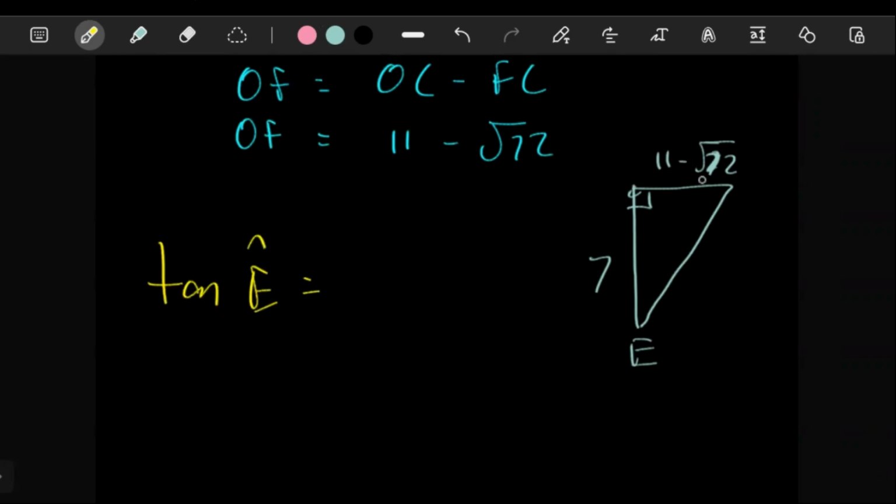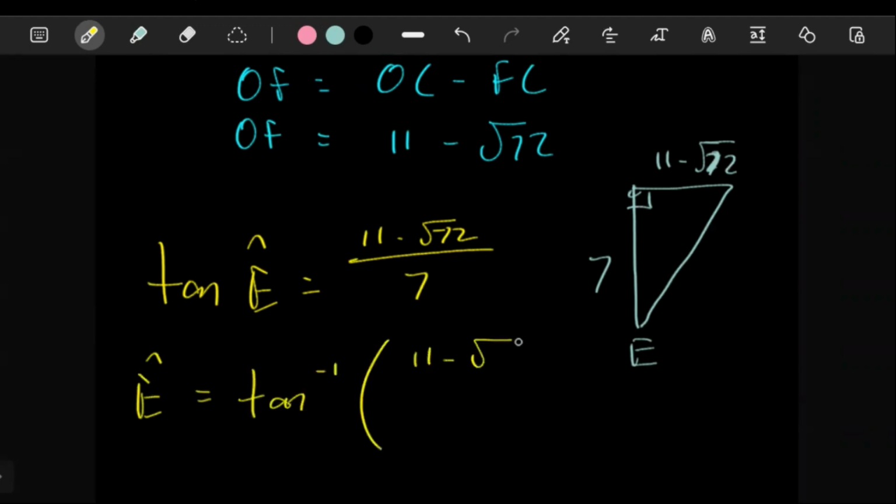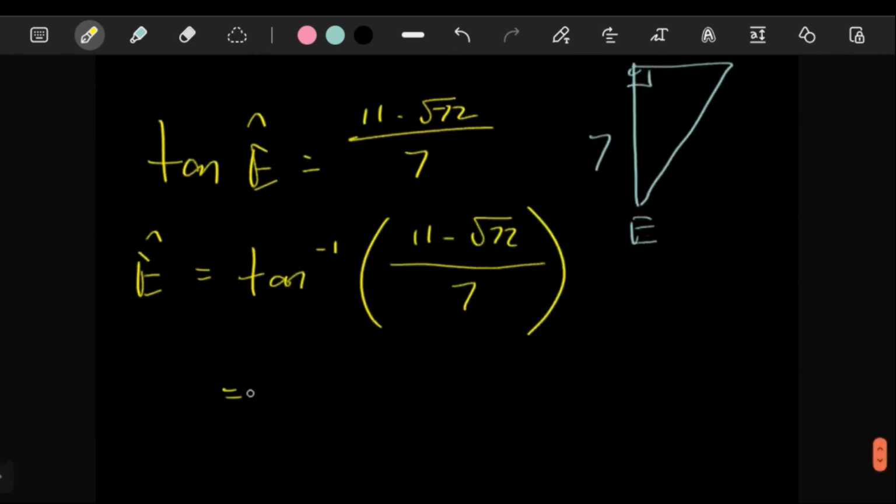is equal to opposite over adjacent, and then E is going to be equal to shift tan of this that we have, and then let's see, shift tan, 11 minus the square root of 72, close bracket.